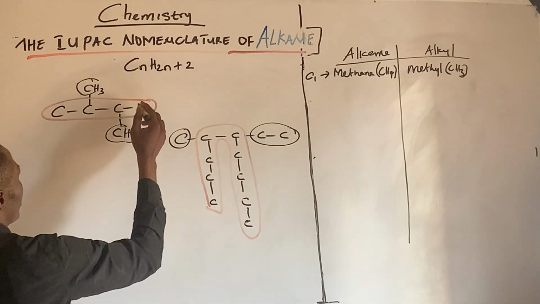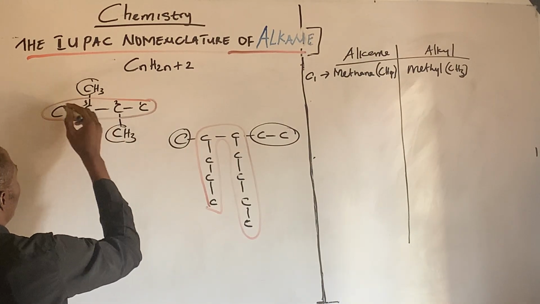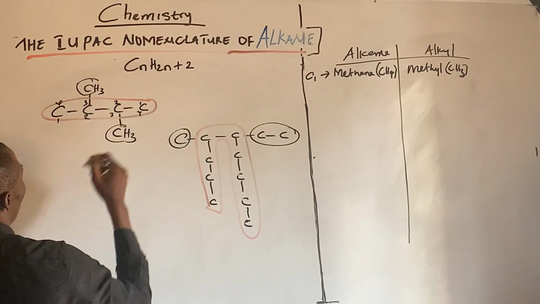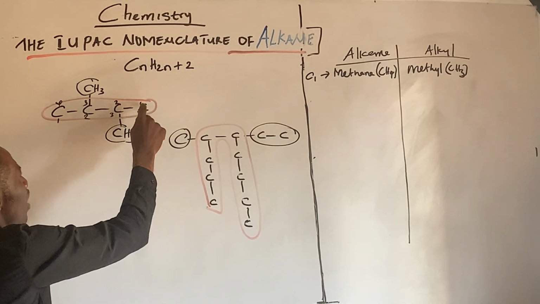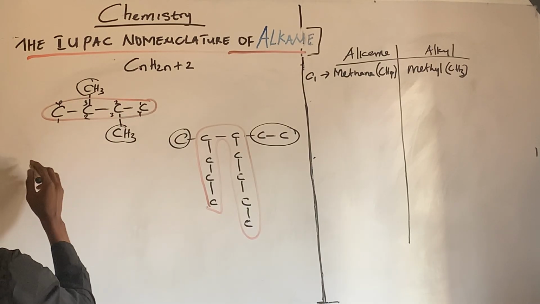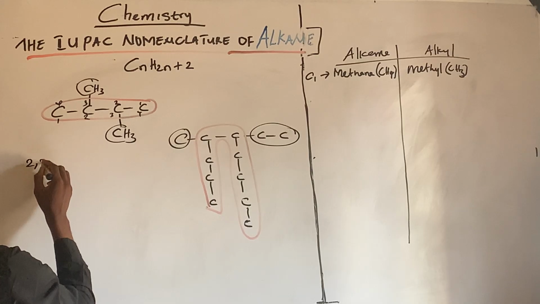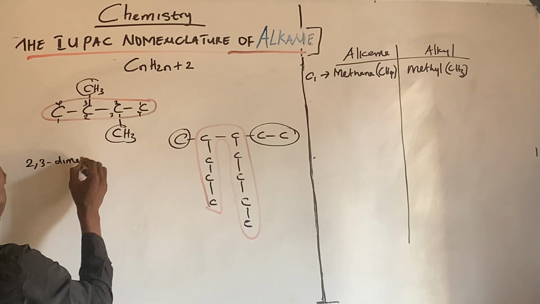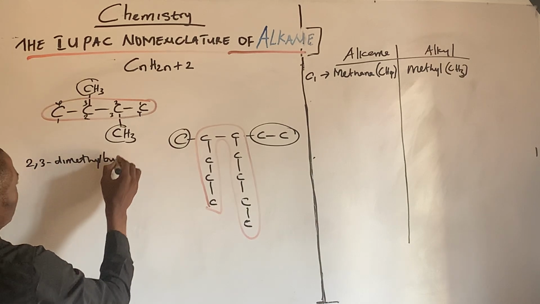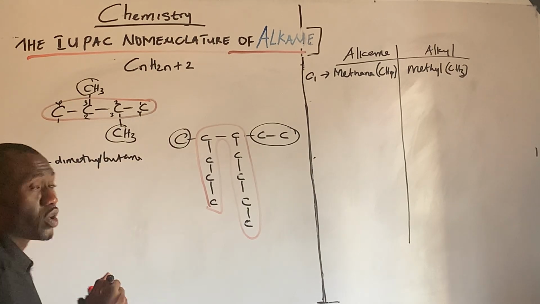If you count my carbon atoms, 1, 2, 3, 4. Now, if I count 1, 2, 3, 4, I'm going to be having 2,3-dimethylbutane. But I want to teach you how to count.